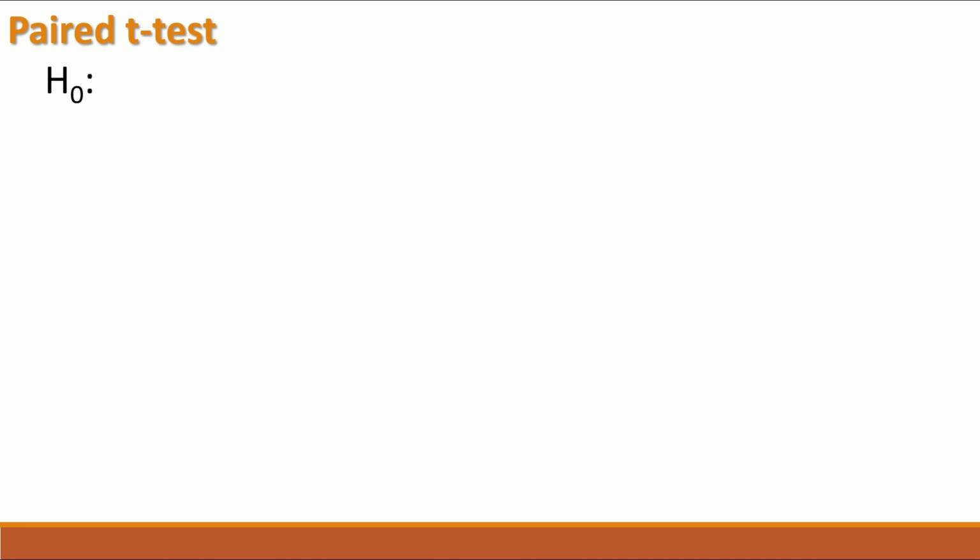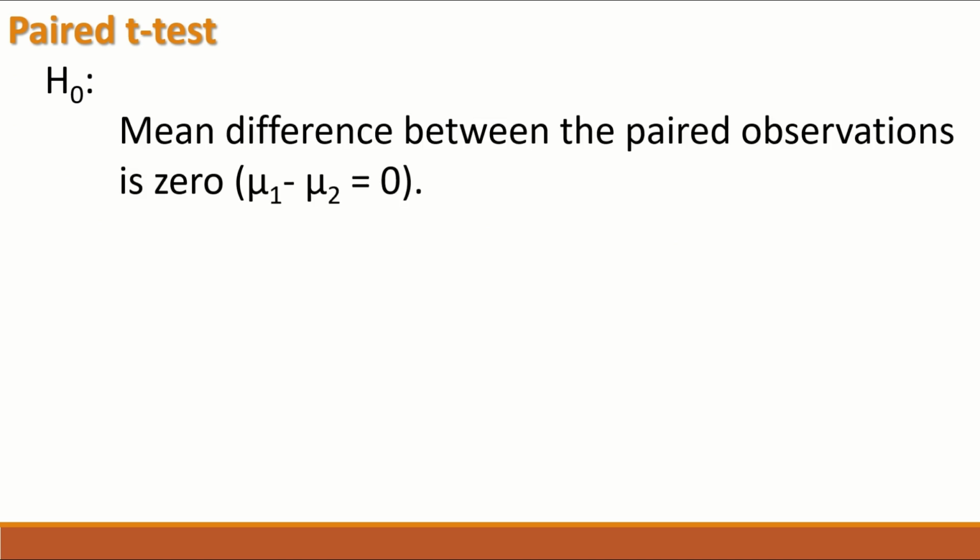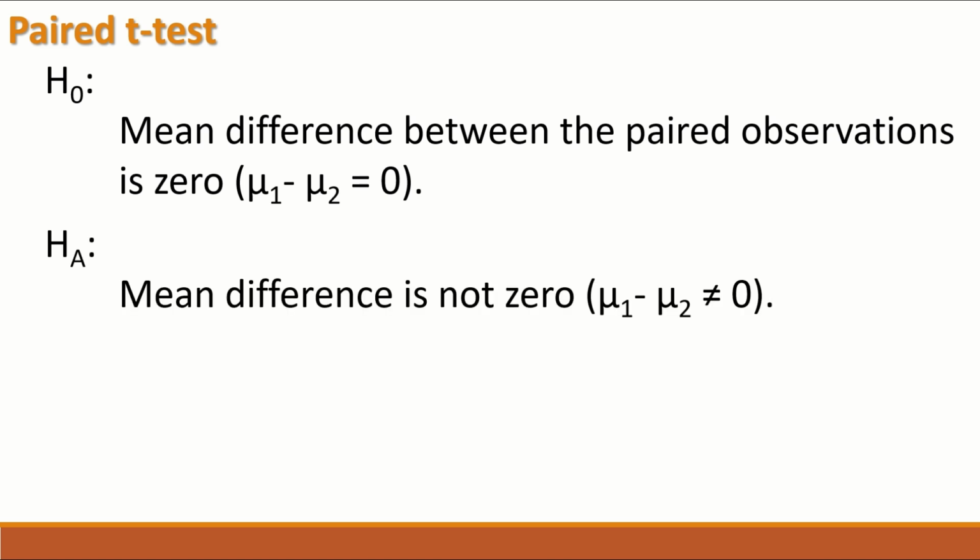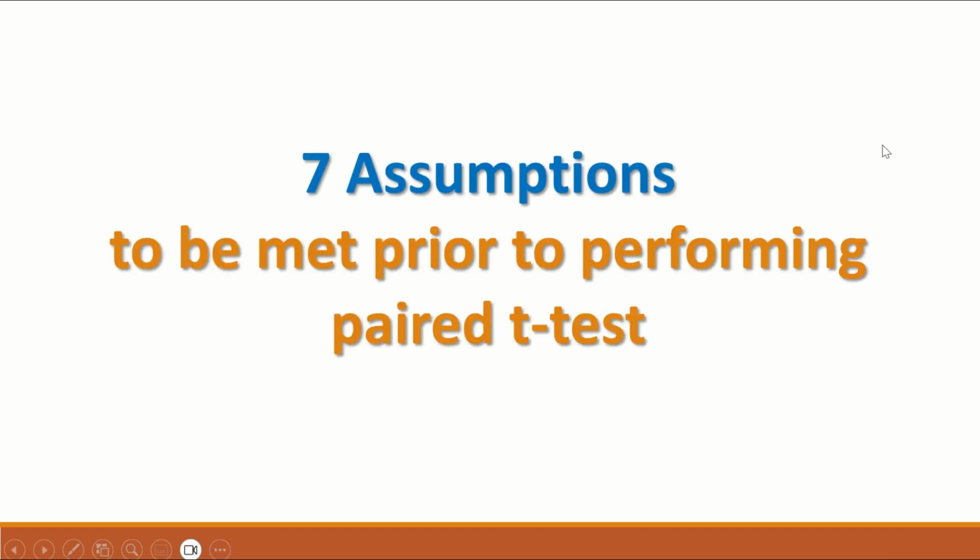So the hypothesis will be generated, and the null hypothesis will state that the mean difference between the paired observations is zero: the mean 1 minus mean 2 equals 0. The alternative hypothesis will state that the mean difference is not equal to 0. Acceptance or rejection of the null hypothesis depends on the p-value. If the p-value is less than 0.05, then reject the null hypothesis.